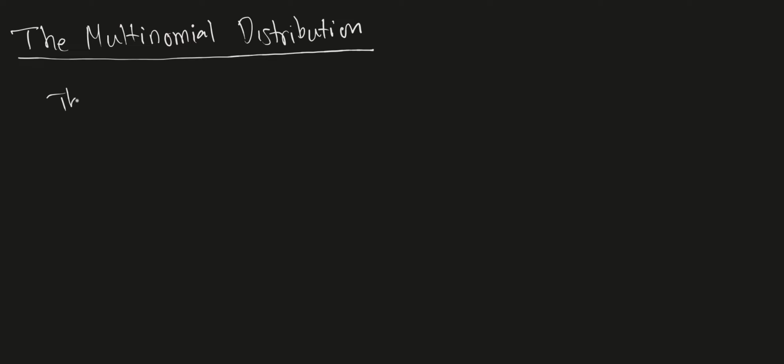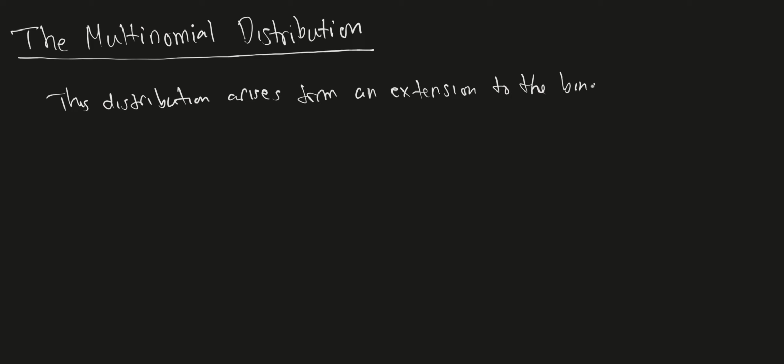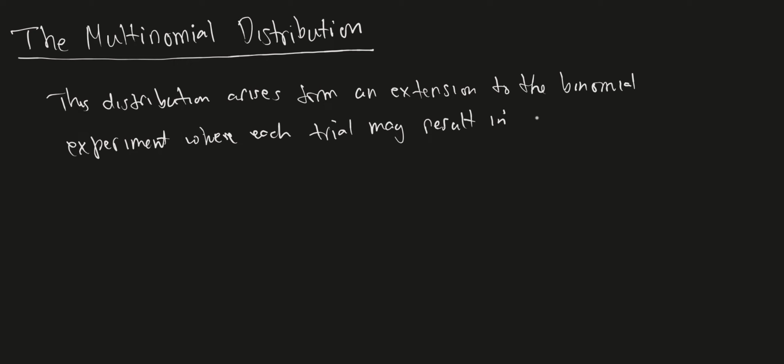So this distribution arises from an extension to the binomial experiment where each trial may result in k greater than or equal to 2 possible outcomes, right?